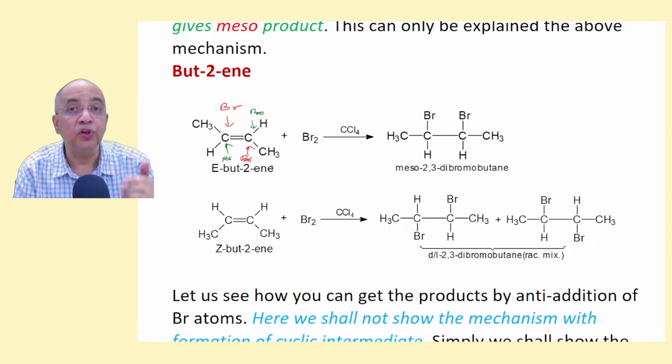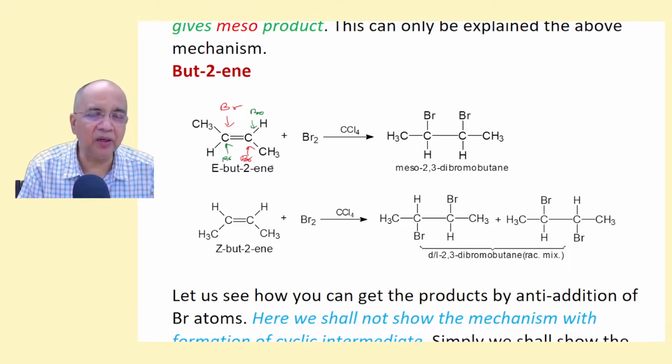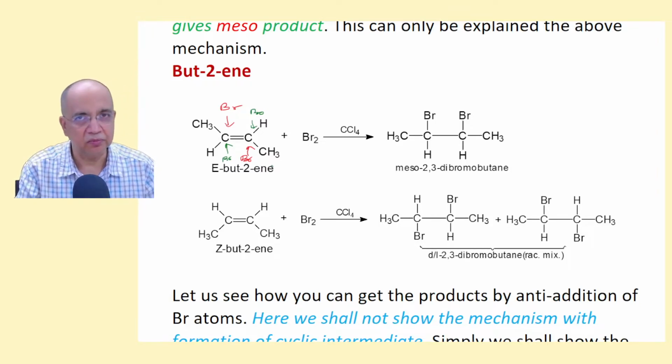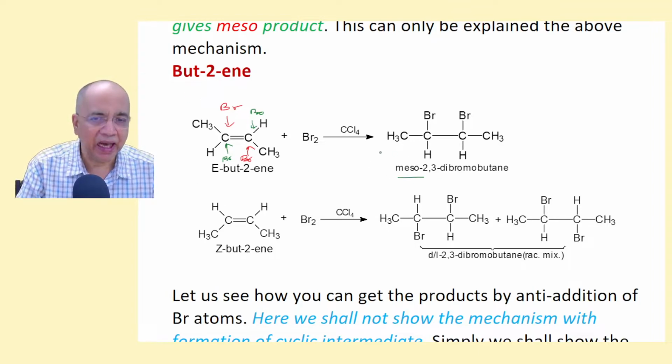And of course, if you are a little more familiar with optical isomerism, you can say there is a center of inversion or center of symmetry that makes it meso, optically inactive. This one, meso product. I have shown it in eclipsed conformation, bromine, bromine on the same side, methyl, methyl same side, hydrogens same side.